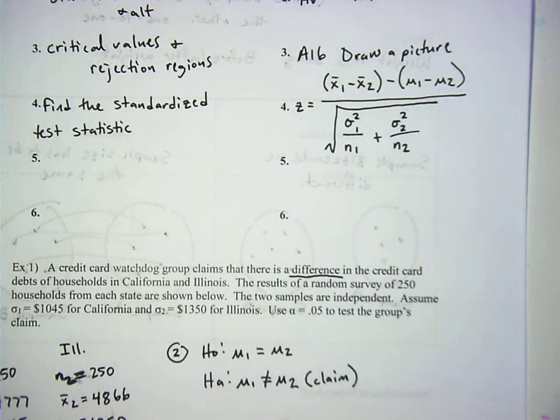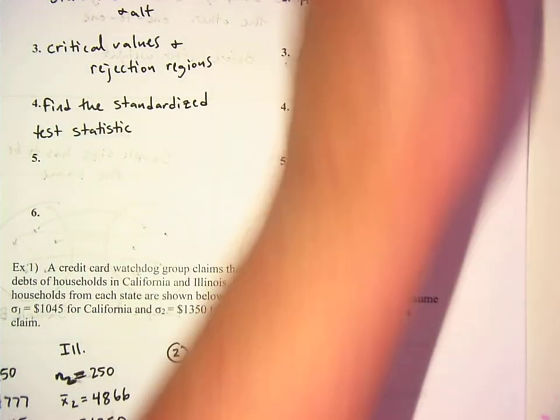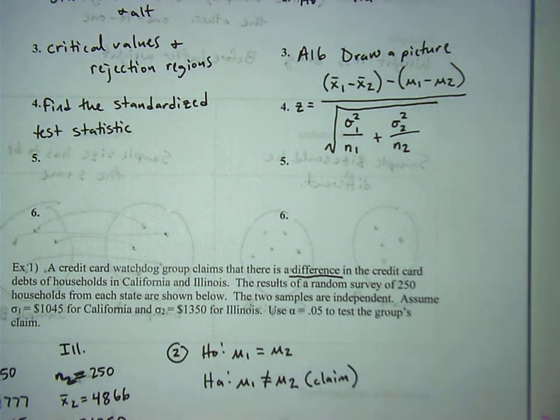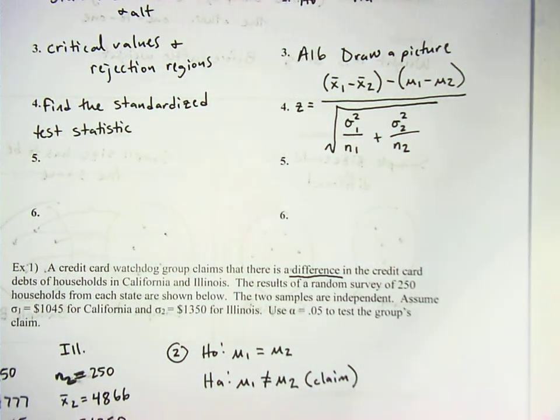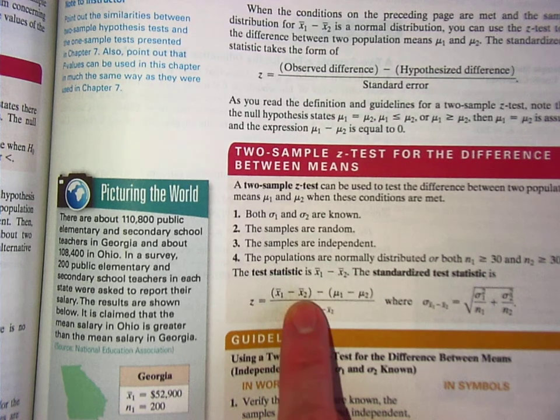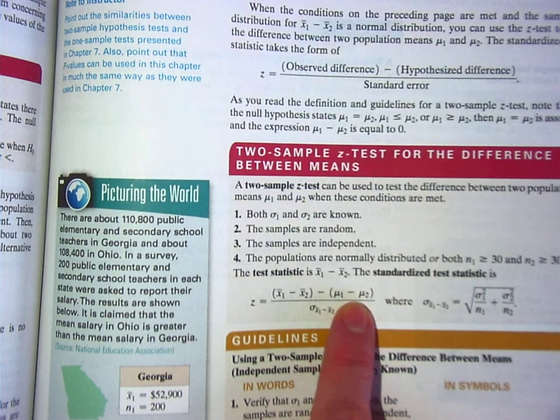Now, you're going to find that they do this on the AP test as well when you look at the formula sheet. By the way, I will take a day where I just go over the formula sheet with you and how it looks on the AP test. This is how they do it in the book, and also on the AP test. They have that top that's the same: x bar 1 minus x bar 2 minus mu 1 minus mu 2.